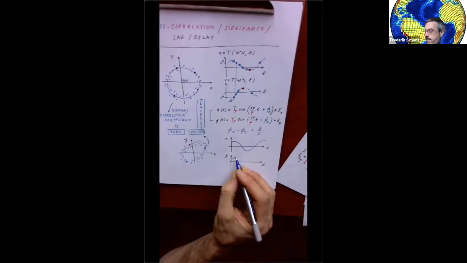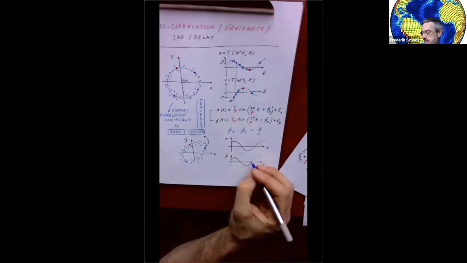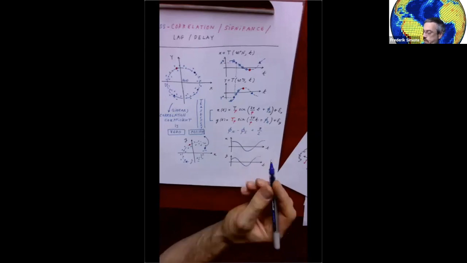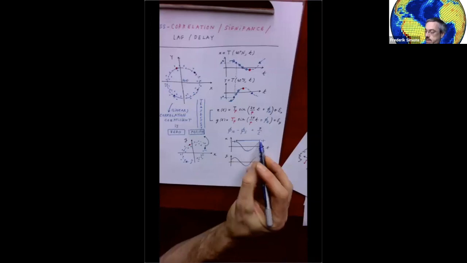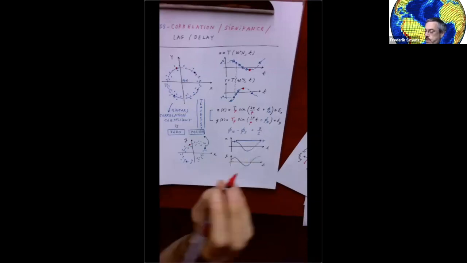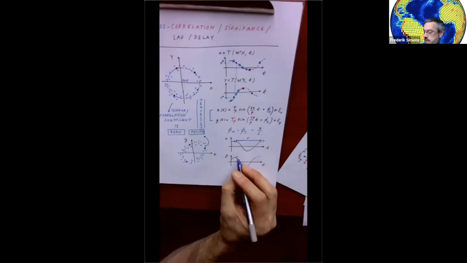Same period, but a phase difference that isn't exactly 90. That's this. Remember the notation: the distance between two crests is a period, that's P. That's unchanged here, but my crests occur later.